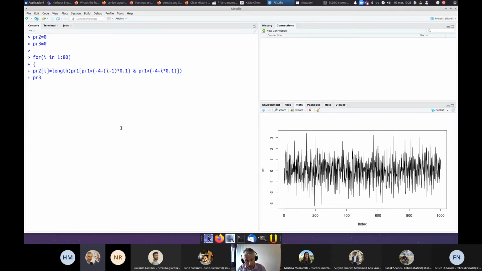PR3 is equal to -4, sorry. And let me put a parenthesis here so it's clearer. It is equal to -4 plus E-1 times 0.1.